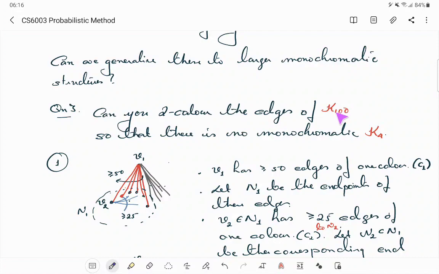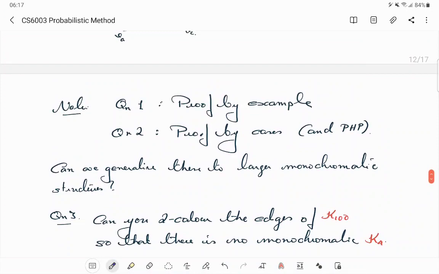But I'm putting 100 as a large enough number so that you have enough vertices to apply the pigeonhole principle as many times as needed. So again, the question is, can you two color the edges of K100 so that there is no monochromatic K4? Here I strongly encourage you to pause and try to do the proof yourself.